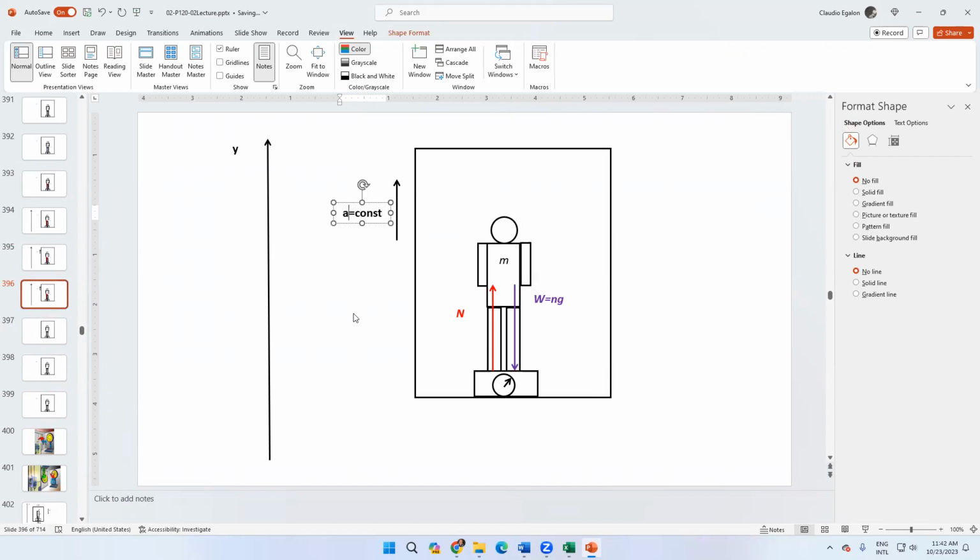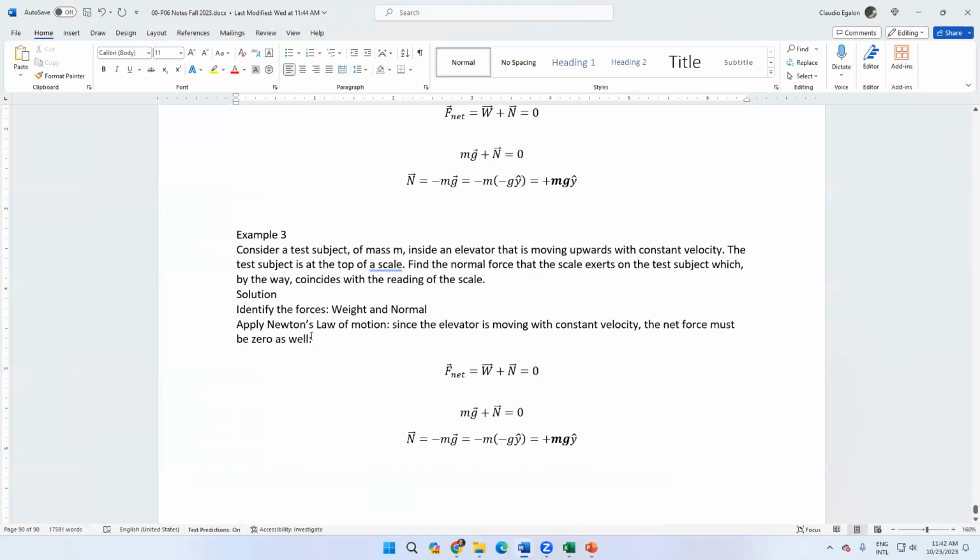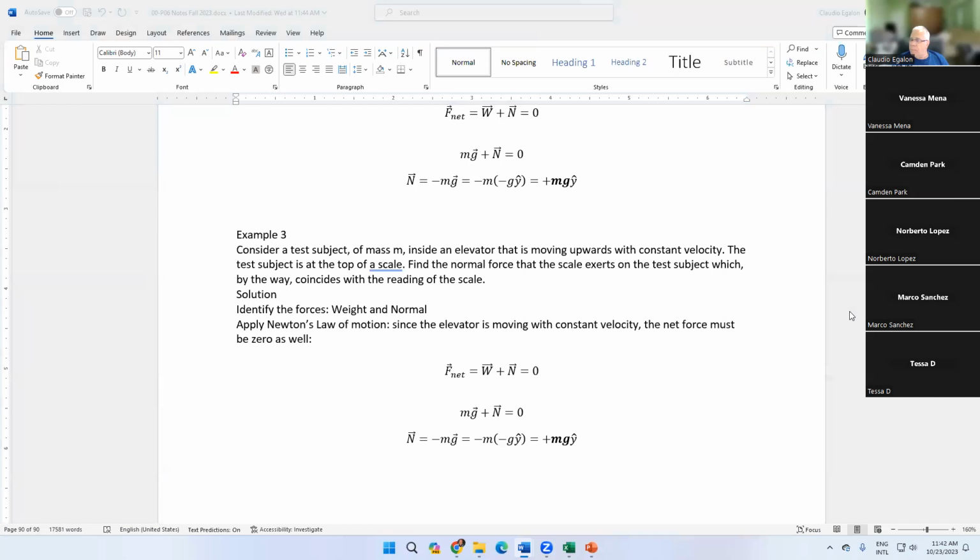And then I'm going to put the elevator with a constant acceleration downwards. Let's see how it changes mathematically. Like I said, it's the concept of apparent weight. Apparent weight means the weight that your scale measures.